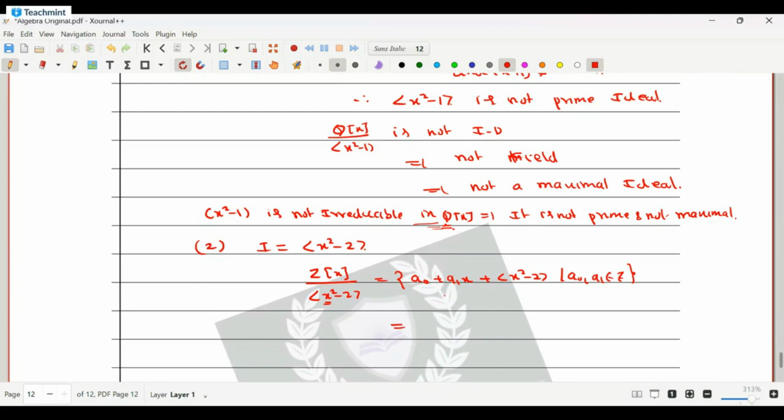So x square minus 2 belongs to the polynomial ideal. That means x square minus 2 equal to 0, x is equal to plus or minus root 2. So substitute x equal to root 2 here. So a0 plus a1 into root 2 plus generated of x square minus 2 such that a0, a1 belong to Z, which is isomorphic to Z root 2.